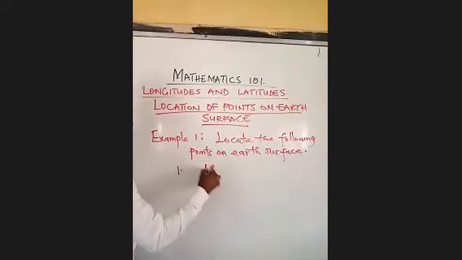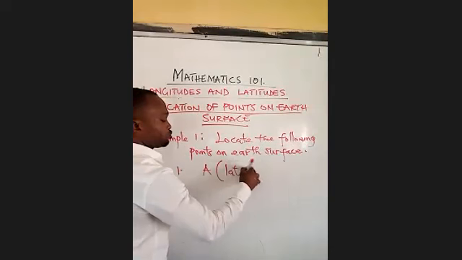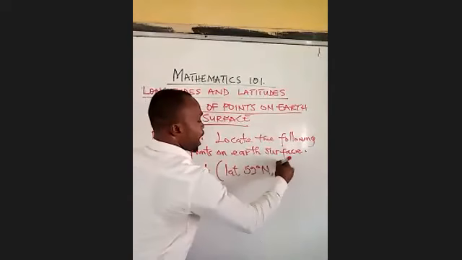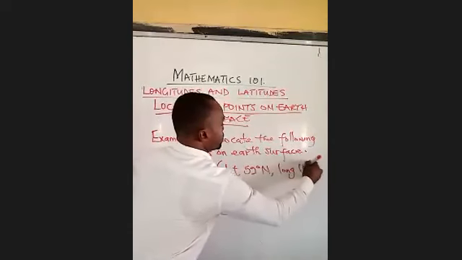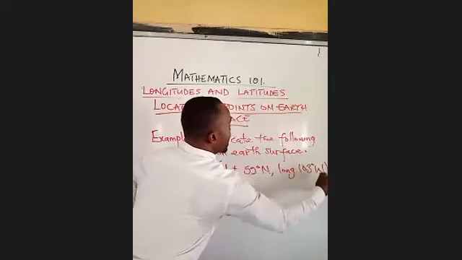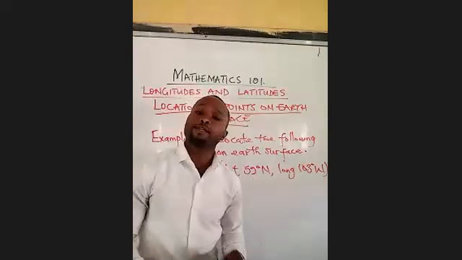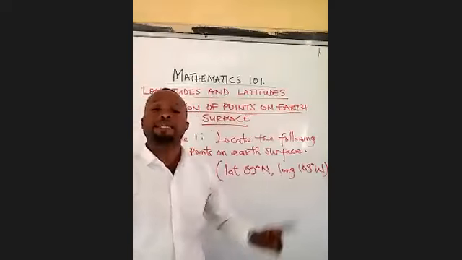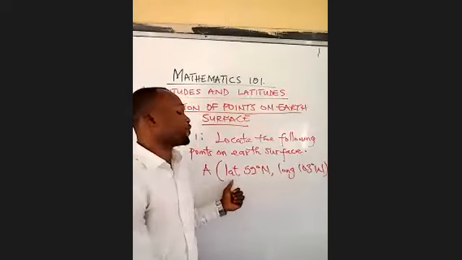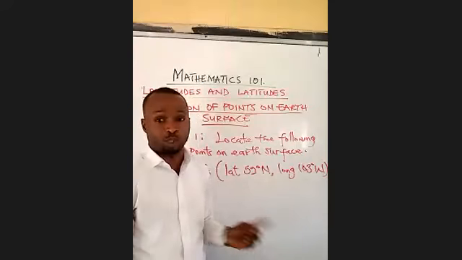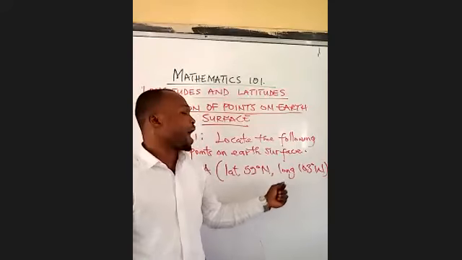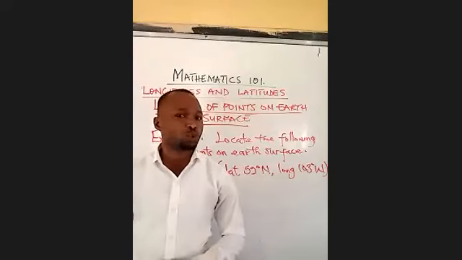You want to locate Abuja, which is A, and we have latitude 52 degrees north and longitude 103 degrees west. And let me tell you again, please take note of this. In case you want to set a question, have in mind that the highest degree for latitude is 90 degrees, while longitude is 180 degrees.